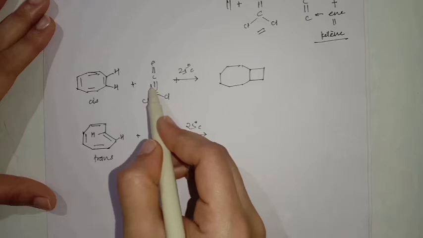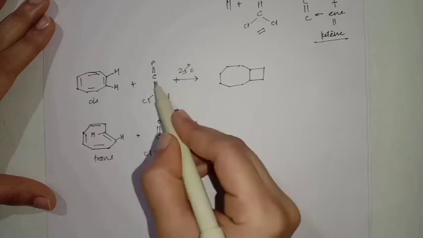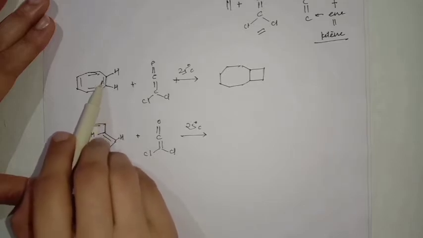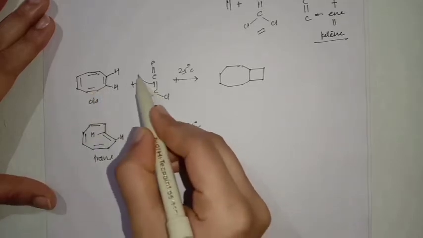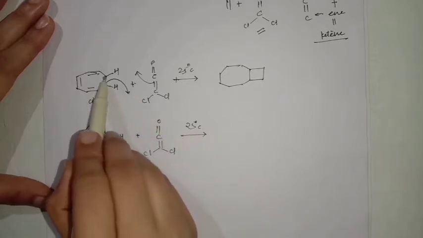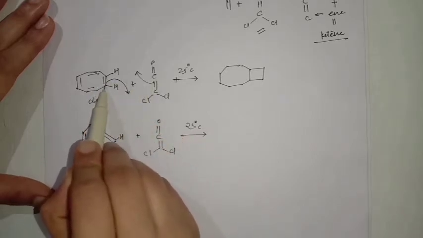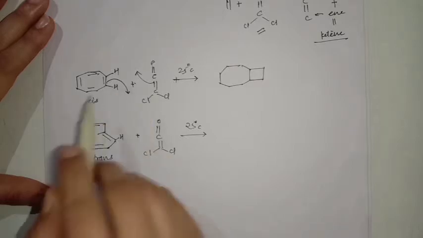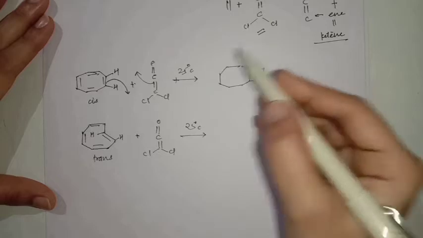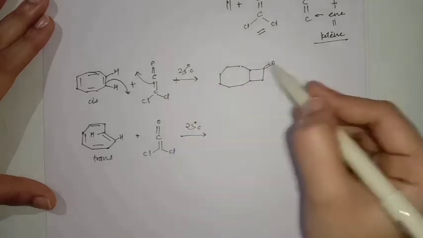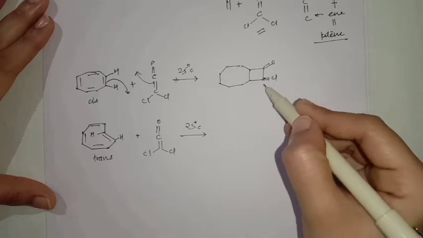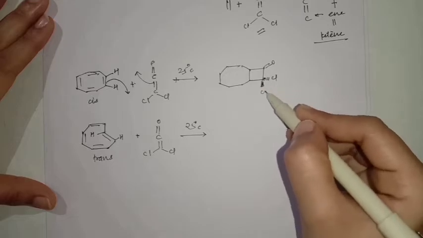See, this compound, that is the ketene molecule, contains a carbon-carbon double bond, and this cyclooctatetraene also contains a carbon-carbon double bond. So these electrons will shift here and these electrons will shift here. It will make a new bond between this carbon and this carbon, and a new bond between this carbon and this carbon. So you will get formation of a cyclic ring, and the remaining structure is as it is: this carbon double bond O, these 2 chlorine atoms, one chlorine below the plane, the second chlorine above the plane.